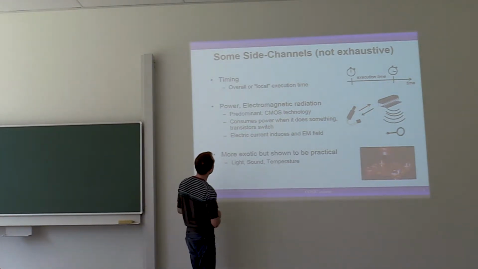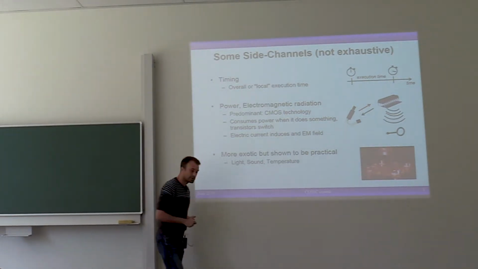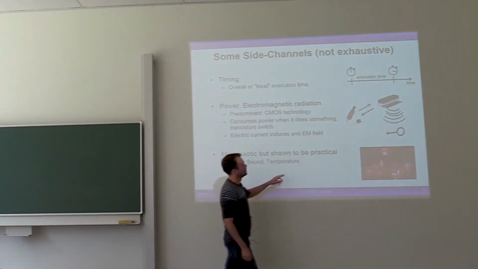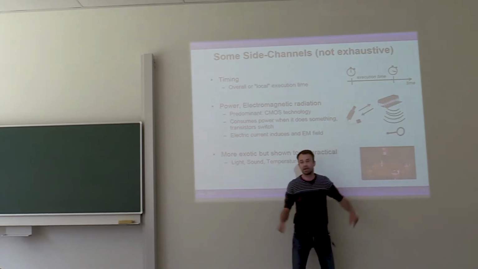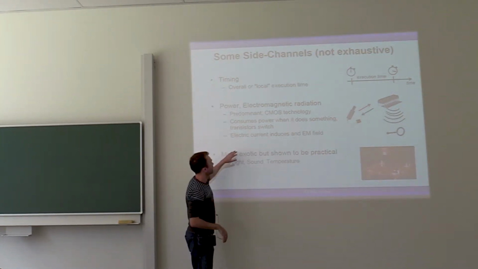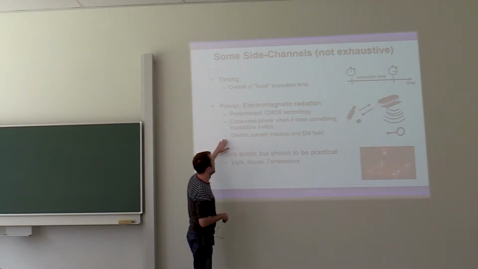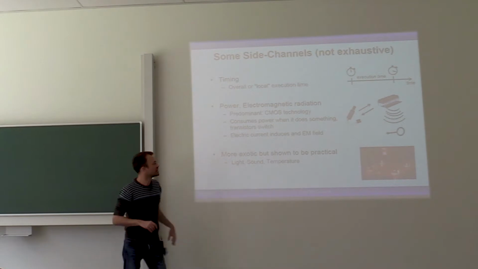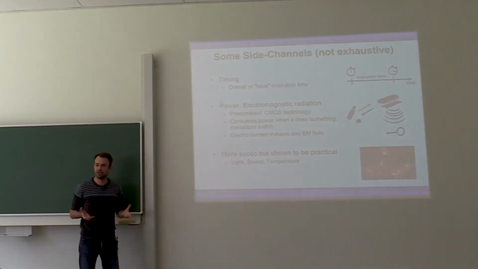If for whatever reason we're not able to measure the power consumption of a device, we may always be able to put some little antenna on top of the device. Some may know, some may not know, but whenever there's an electric current flowing, that generates an electromagnetic field.